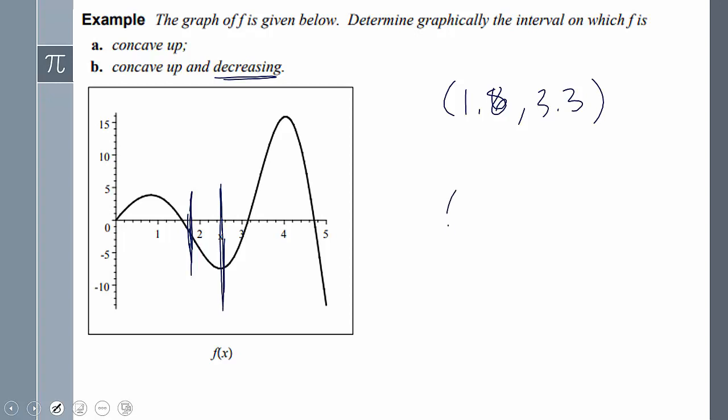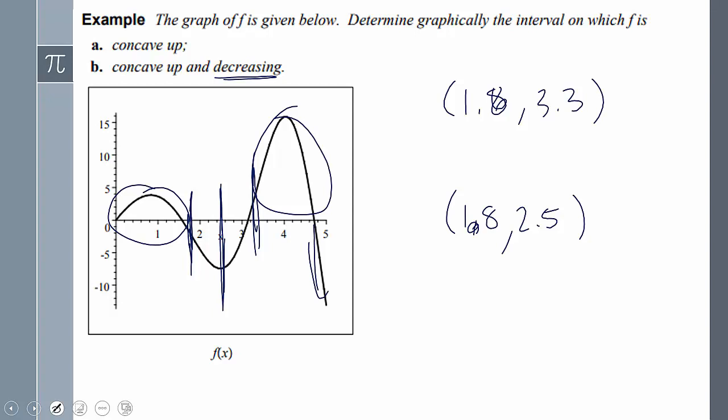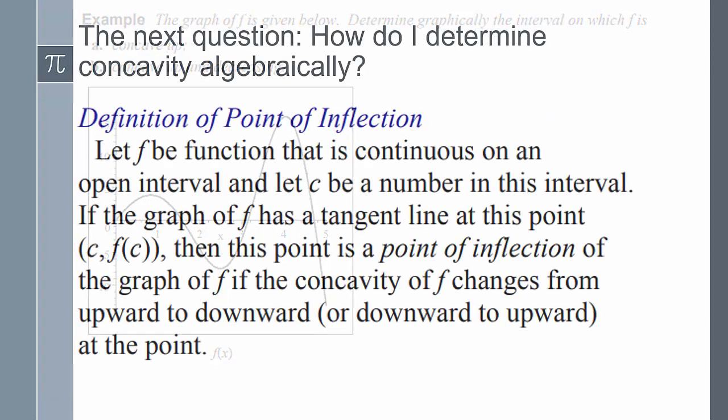So the decreasing part would be 1.8 all the way to approximately 2.5. It's not ultra accurate, but it's an approximation from what we're looking at. And just in case you're wondering, this is concave down, if we put about right here, that's all concave downward, because it's just decreasing.